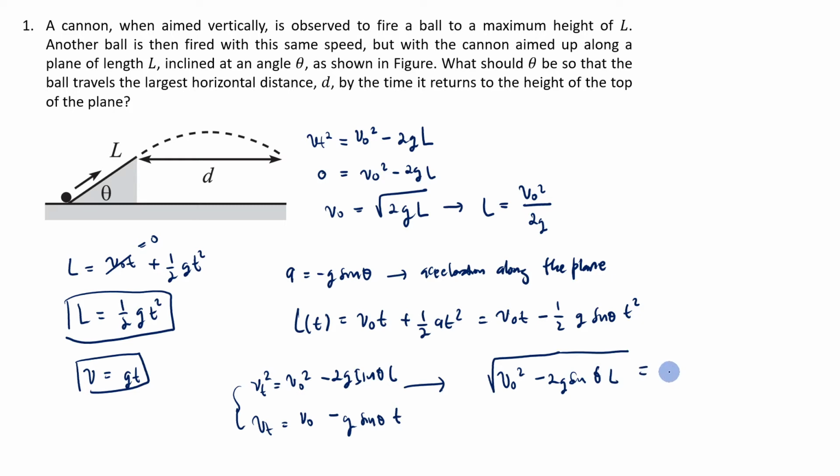The right side is the same term, Vo minus g sin theta t, and we can move this term to the left side and get an equation like this. This term is from the left side, Vo square minus 2g sin theta L. Okay, and we can get the t value by moving g sin theta.